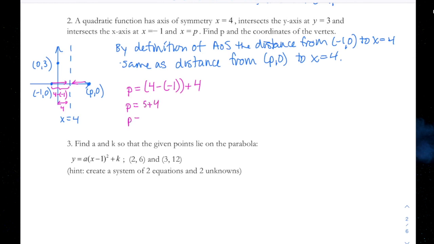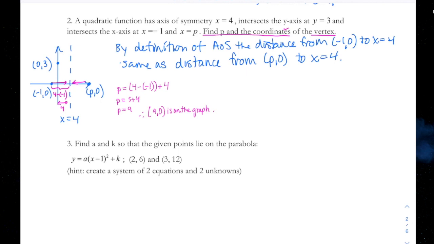Okay, therefore, 9, 0 is on the graph. We're just looking for the p coordinates, which we found, and we're looking for the vertex.